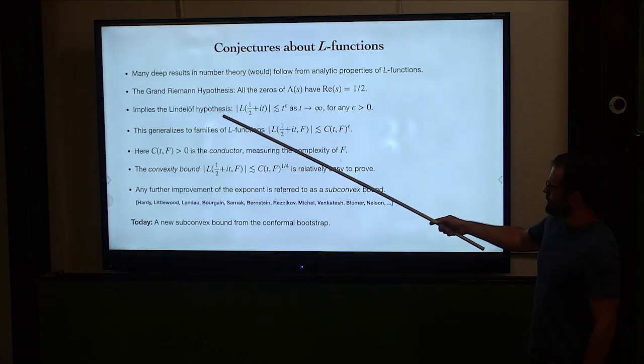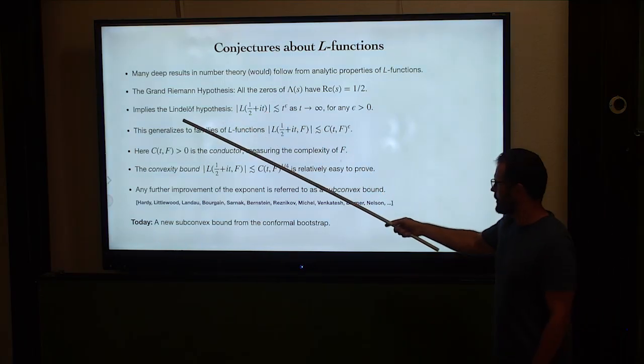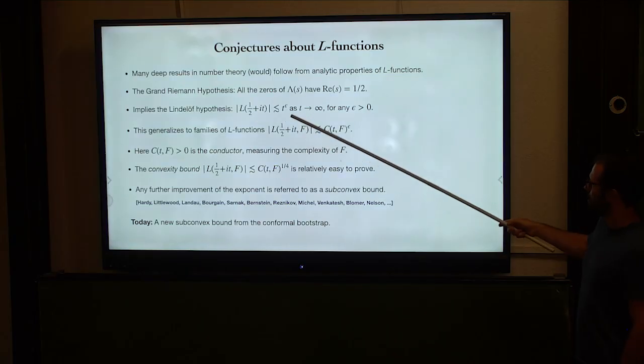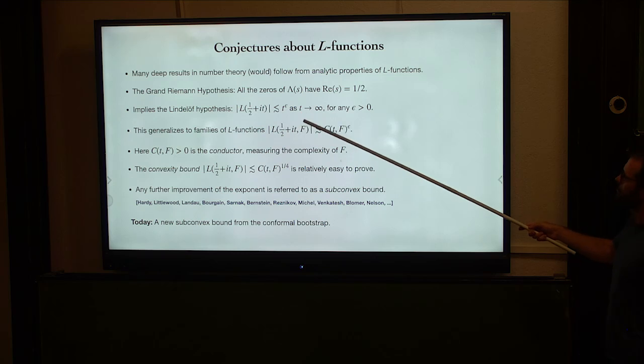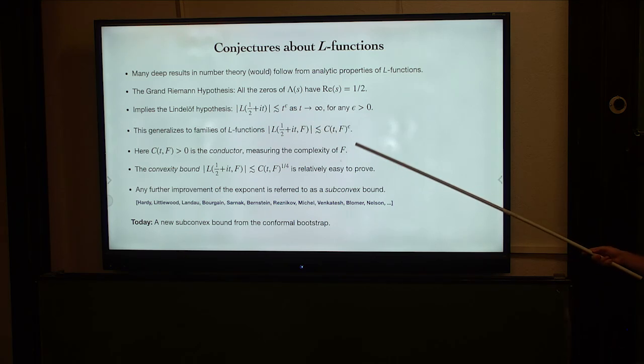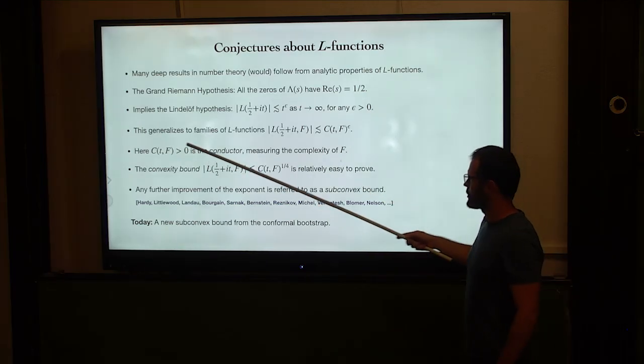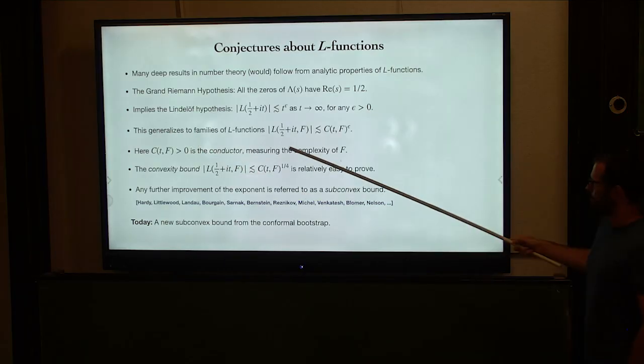A particular consequence of the grand Riemann hypothesis is the so-called Lindelof hypothesis, which is the statement that the L function grows slower than an arbitrarily small positive power of the argument along the critical axis. And this has a nice generalization to families of L functions.